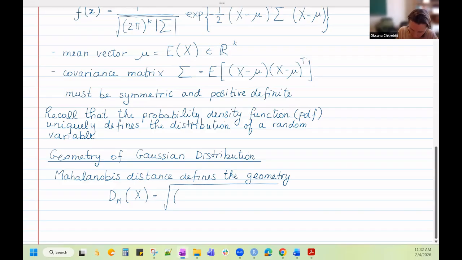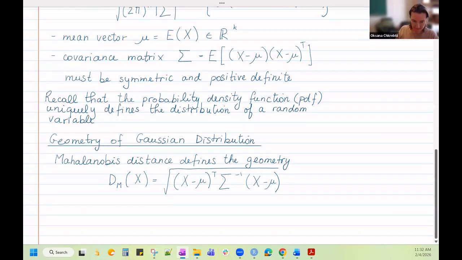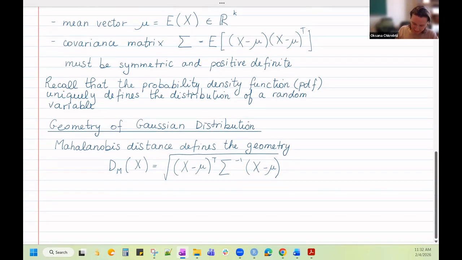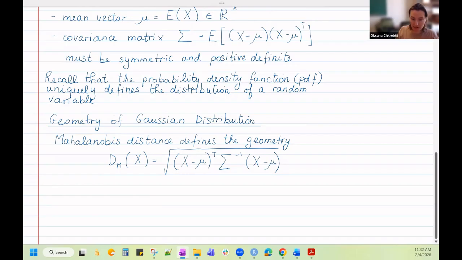And this will be the square root of x minus mu transpose times the inverse of the covariance matrix sigma times x minus mu. This defines surfaces of constant density, or level sets, which are hyperellipsoids. We're going to visualize these in just a moment.